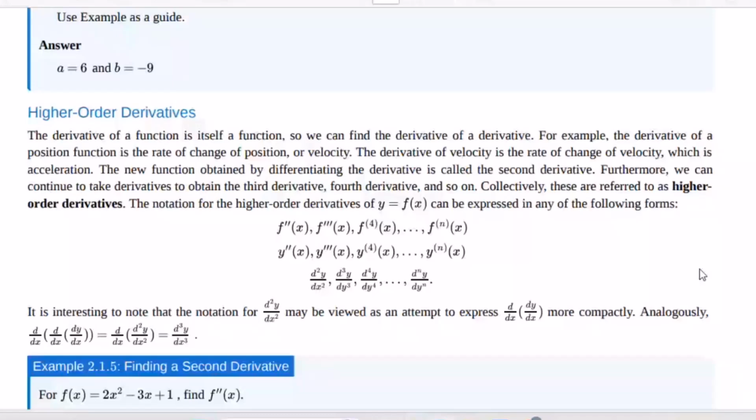Yes, sir. Minus 3 open bracket x plus h close bracket plus 1 close bracket, minus open bracket 2x squared minus 3x plus 1, all over h as h tends to 0.